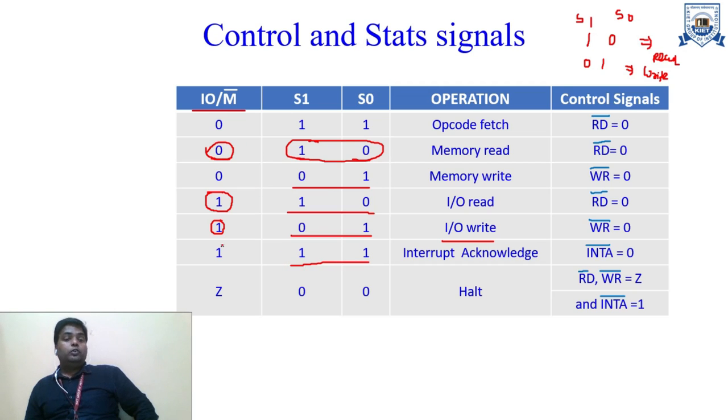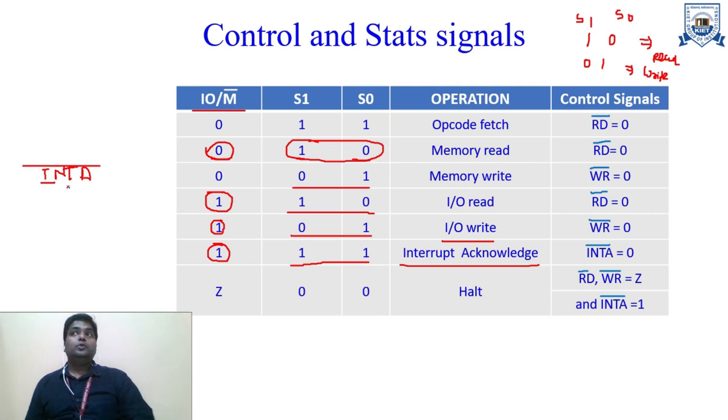In the same way, when S1 and S0 is equal to 1 1 and IO/M complement is equal to 1, that means this is your interrupt acknowledgement. That is the INTA pin, which is an active low signal pin. Interrupt acknowledgement is basically used to tell the other devices that right now the microprocessor is busy in interrupt handling.